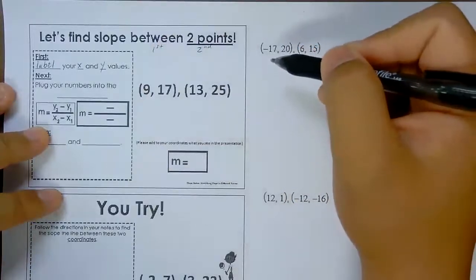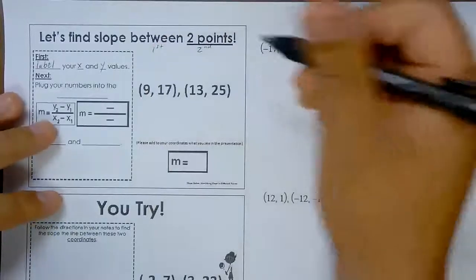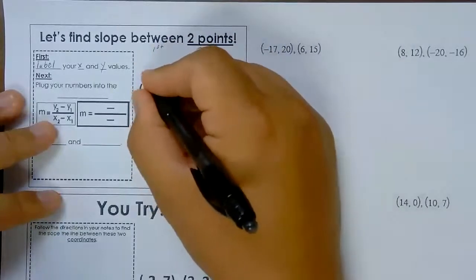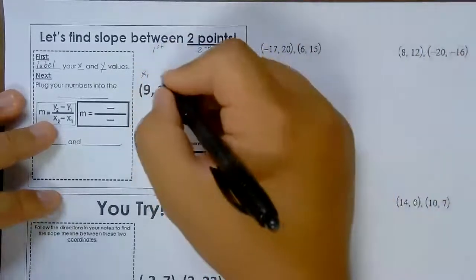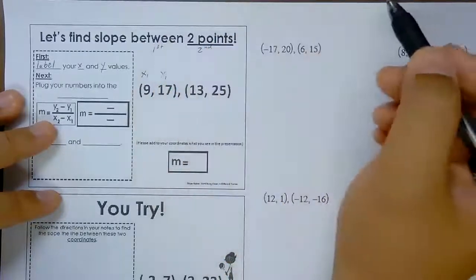Now, the reason we need to identify which point is which is because we have to label them as such. Our first point, our x value is x1. Our y value is y1 because they're both part of our first point.